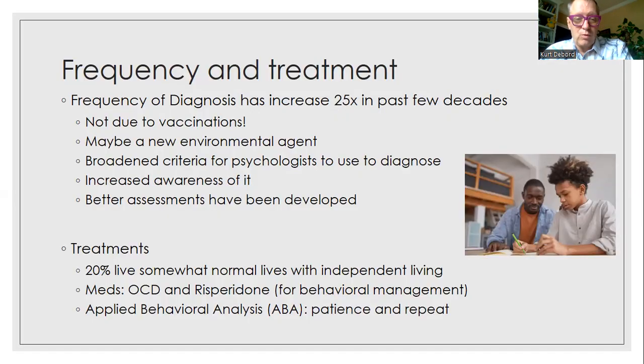I had one intern working in ABA therapy, which I'll mention next, where the child was just completely fixated on eggs and would take the eggs out of the refrigerator and put them on the couch one at a time. So, trying to disrupt those compulsive behaviors. Risperidone's an antipsychotic, but it can be given to help behavioral management. Most parents and kids don't like this because it leads to lethargy and weight gain, and most kids don't even like that.